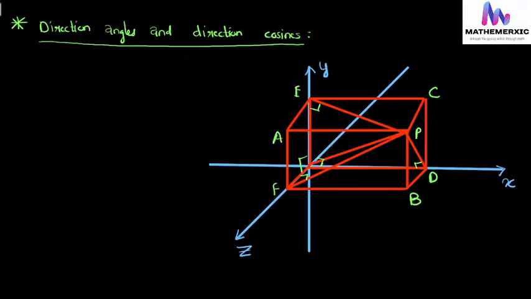Angle made by OP, let us say this point is O. So OP is making an angle with the z-axis, that is gamma.